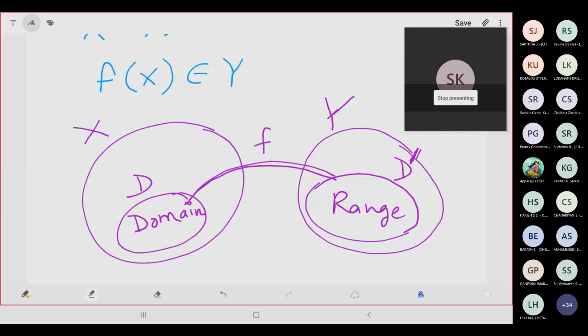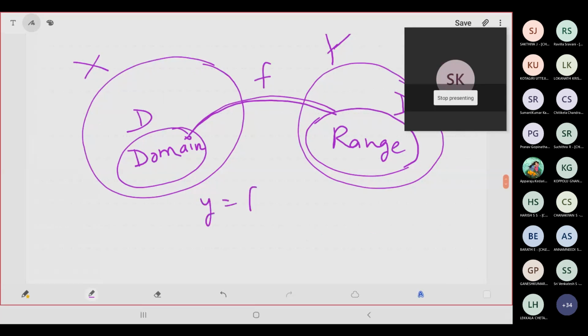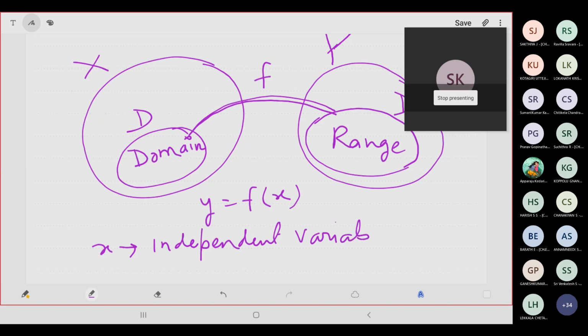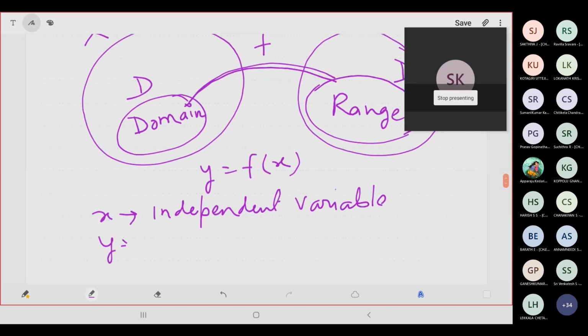Clear? Now the notation is y equal to f(x). In that case, x is the independent variable, and y is the dependent variable.